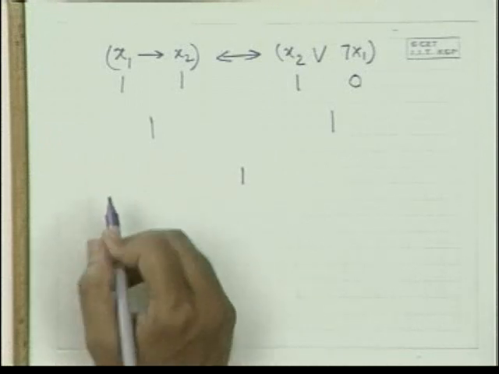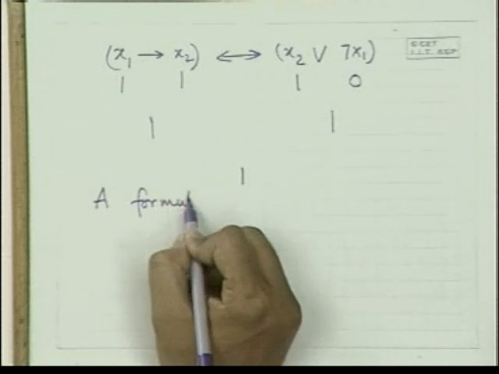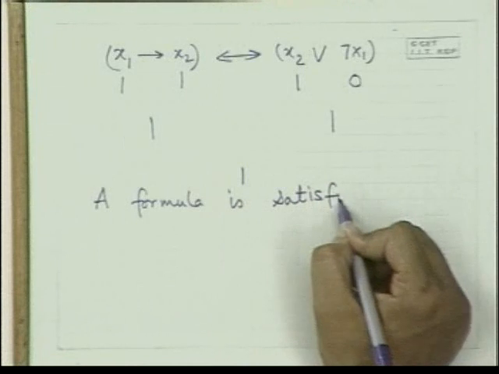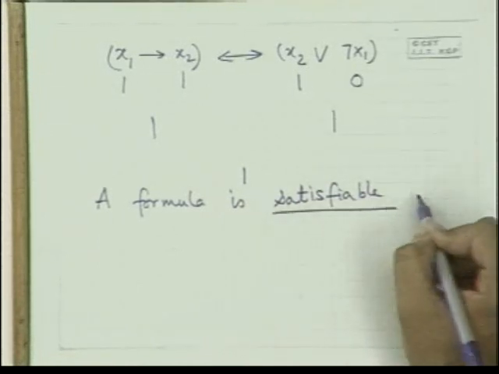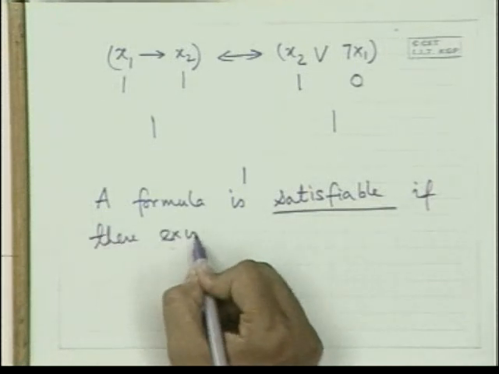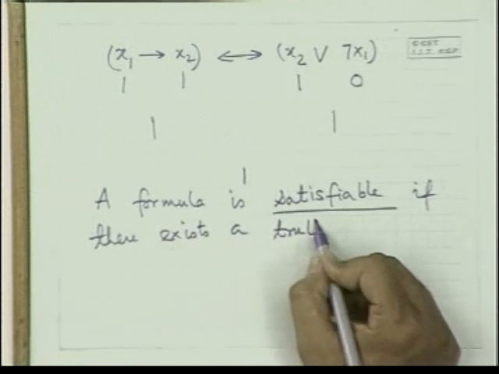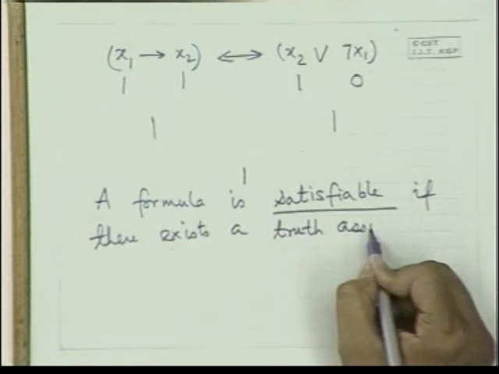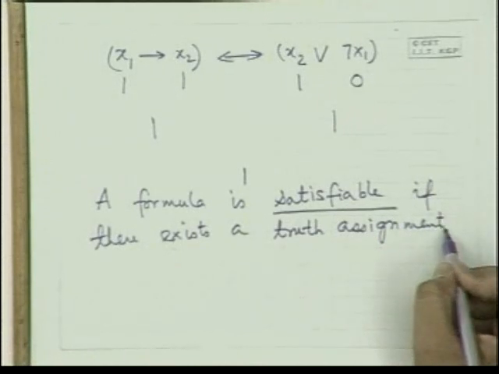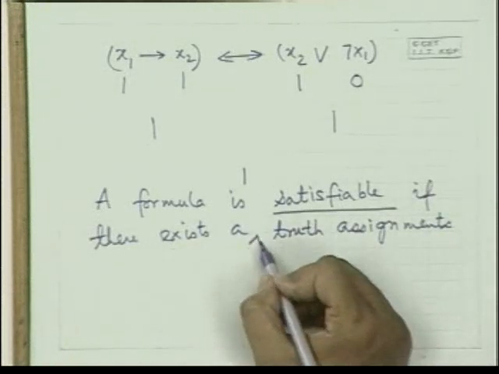Now, we say a formula is satisfiable if there exists a satisfying truth assignment.